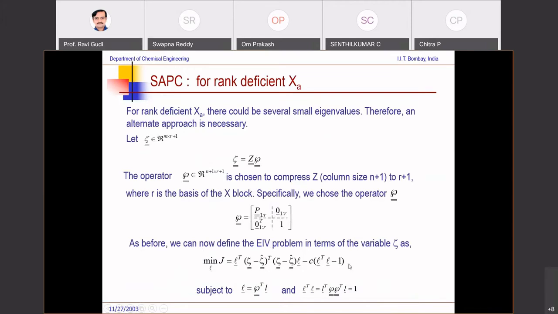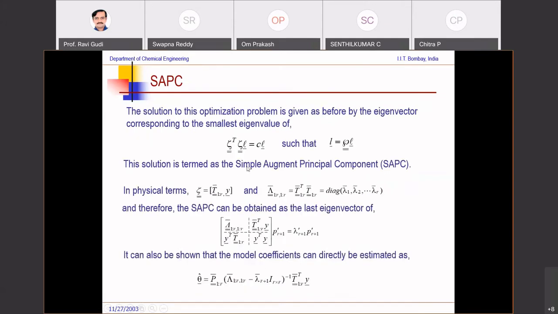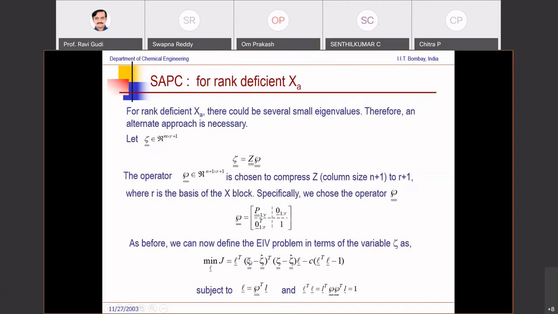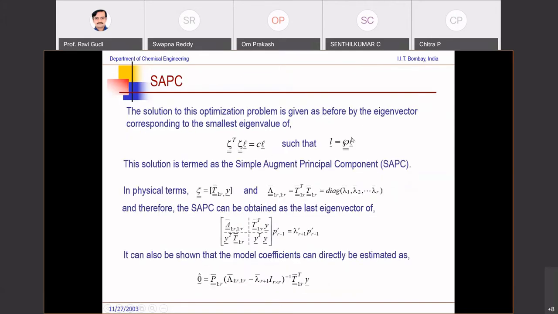When I look at the errors in variables formulation and solve this optimization problem to determine the eigenvector corresponding to the smallest eigenvalue, I can solve this as what is called a simple augmented principal components analysis, where zeta transpose zeta times L, the eigenvector, is equal to CL.